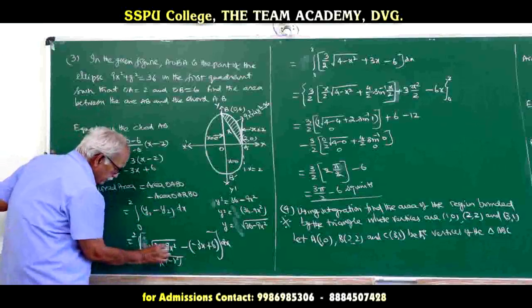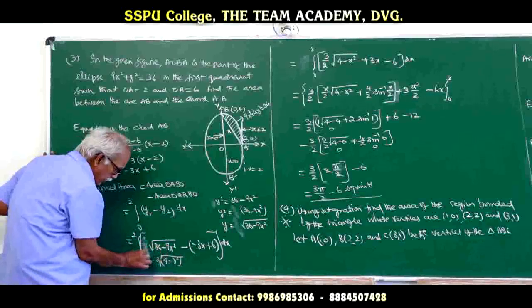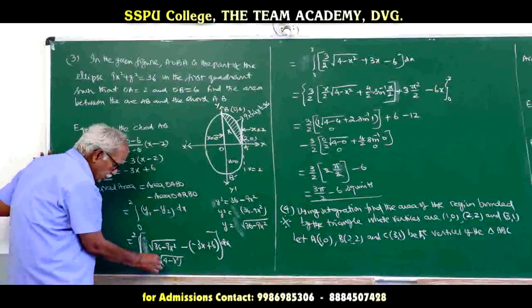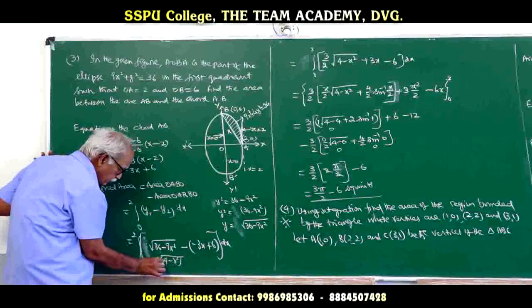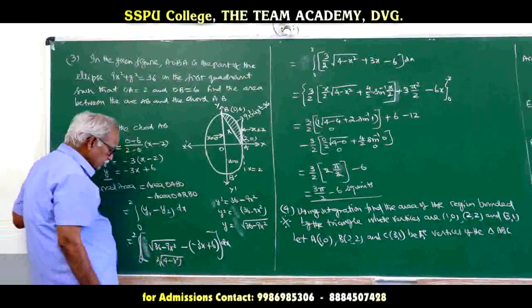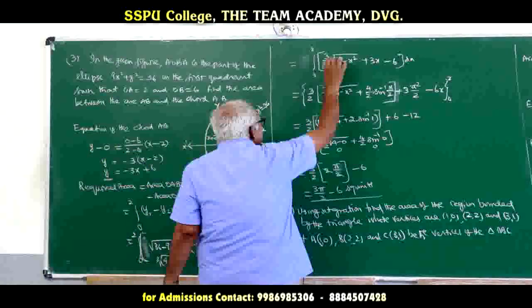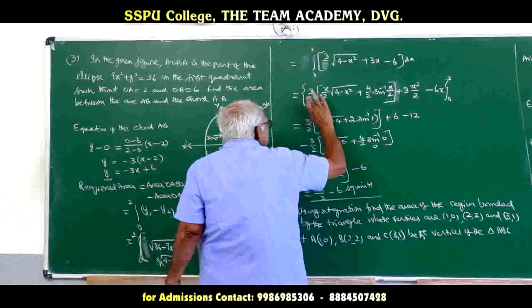So, this 36 minus 9x square we cannot apply the formula to directly. So, take out this 9 outside, when it comes out of the square root it becomes 3. And then here 4 minus x square, 3 into square root of 4 minus x square. Now, let us take this 3 into square root of 4 minus x square plus 3x minus 6.